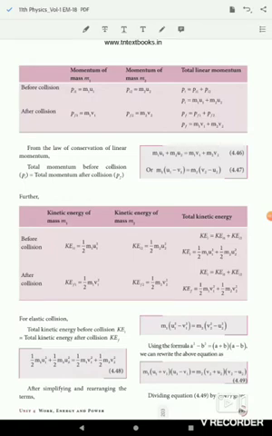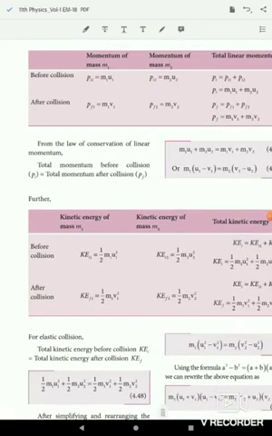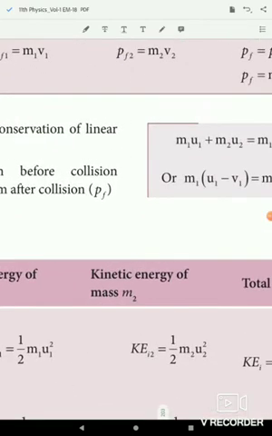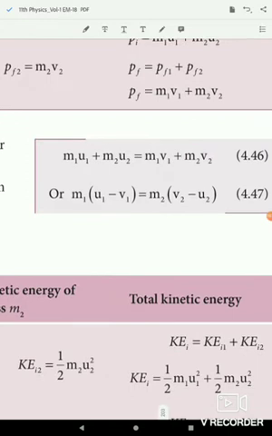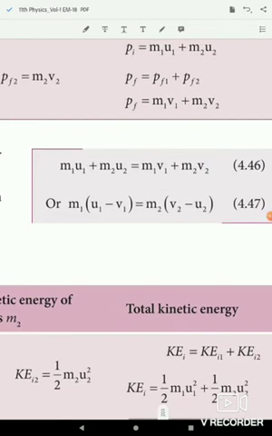Then from the law of conservation of linear momentum, total momentum before collision p_i equals total momentum after collision p_f. So you write this equation: m1u1 plus m2u2 equal to m1v1 plus m2v2. Take m1 terms to one side and m2 terms to the other side.